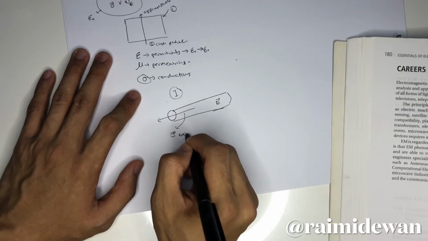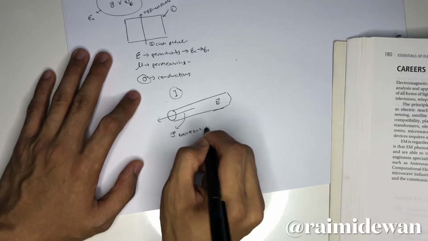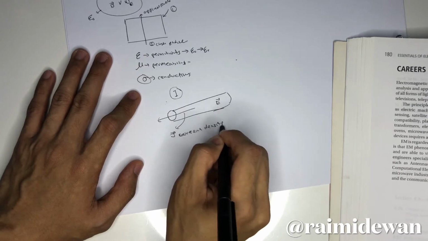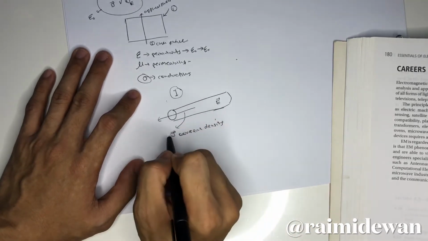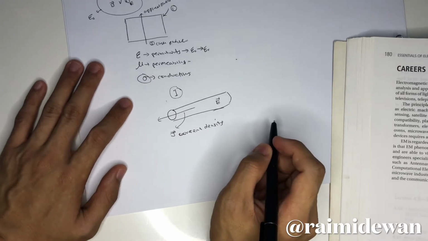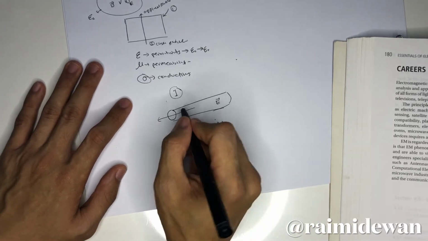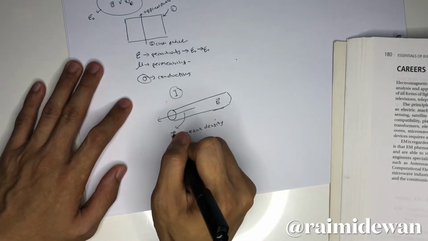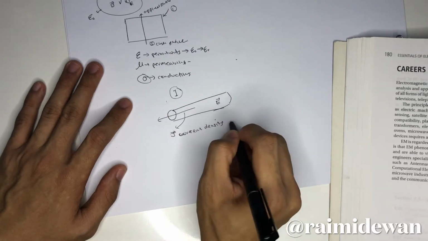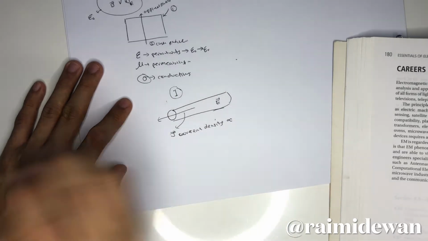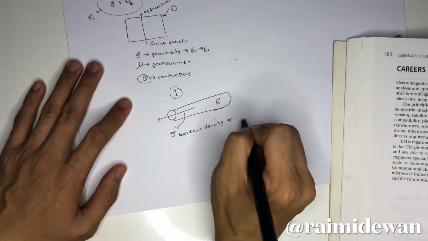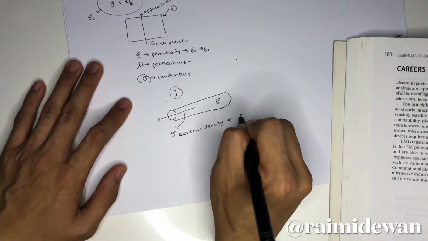We call this current density J. Don't mix it up with the current I, it's different. We also notice that J is proportional to the electric field intensity.